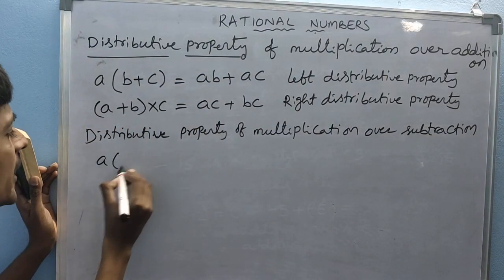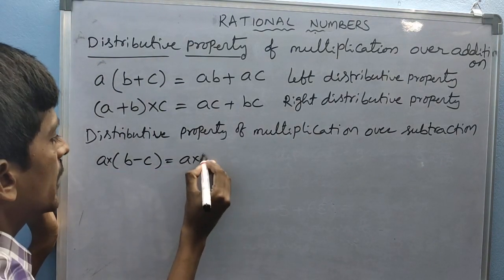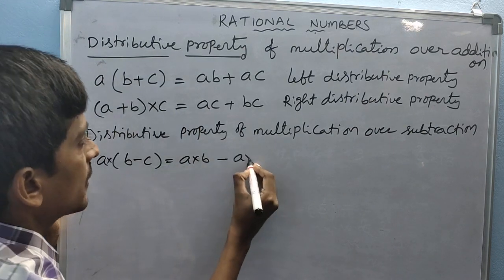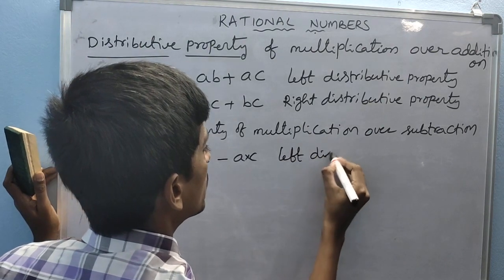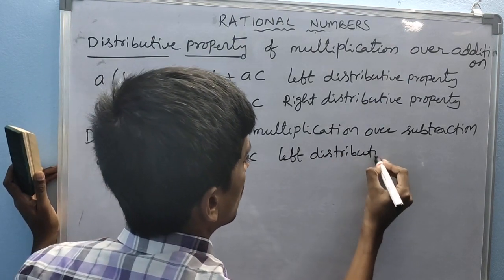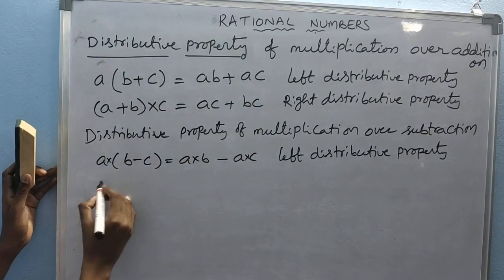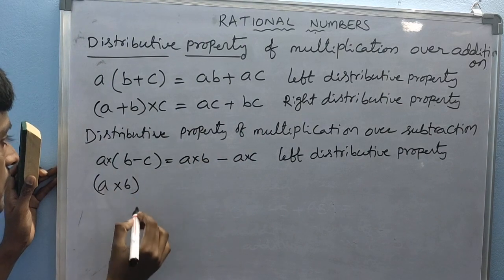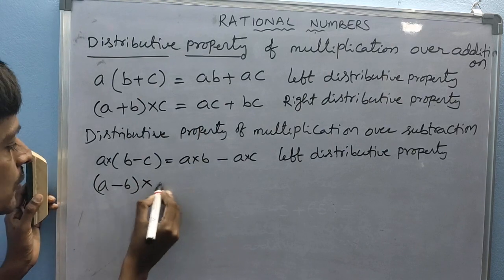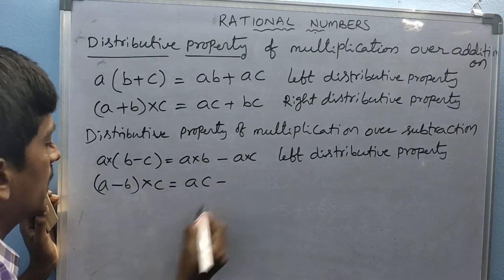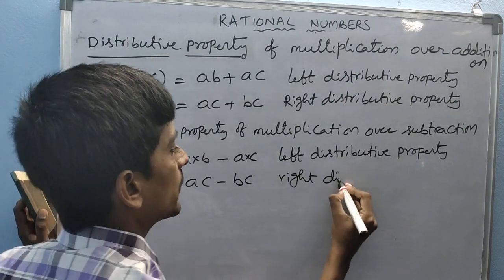A into B minus C equals A into B minus A into C. This is also called the left distributive property. And A minus B into C equals AC minus BC. This is the right distributive property.